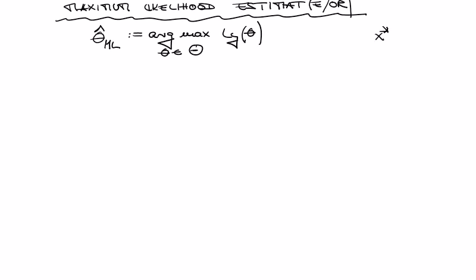I call this the maximum likelihood estimator, and I'm saying that it's defined as the argument that maximizes the function of interest, which is of course the likelihood function. It's meant to be the value that maximizes this likelihood function over the entire parameter space. So this is saying that it's theta in capital Theta.